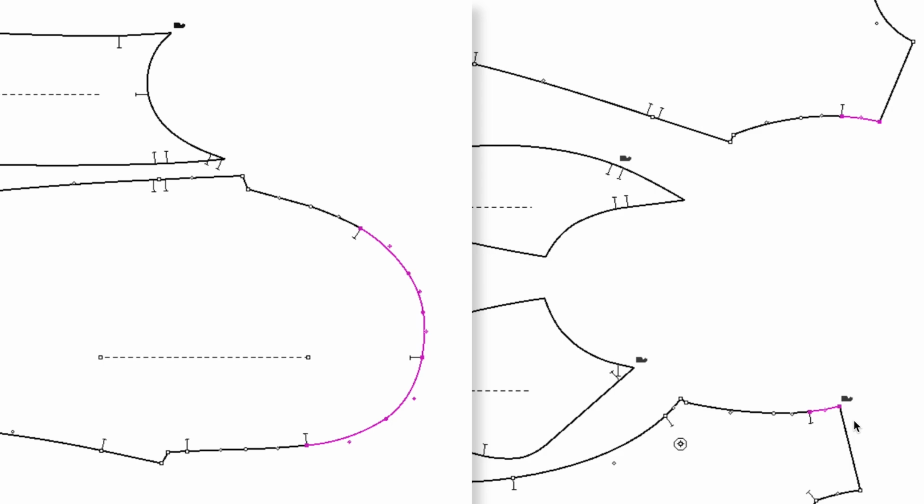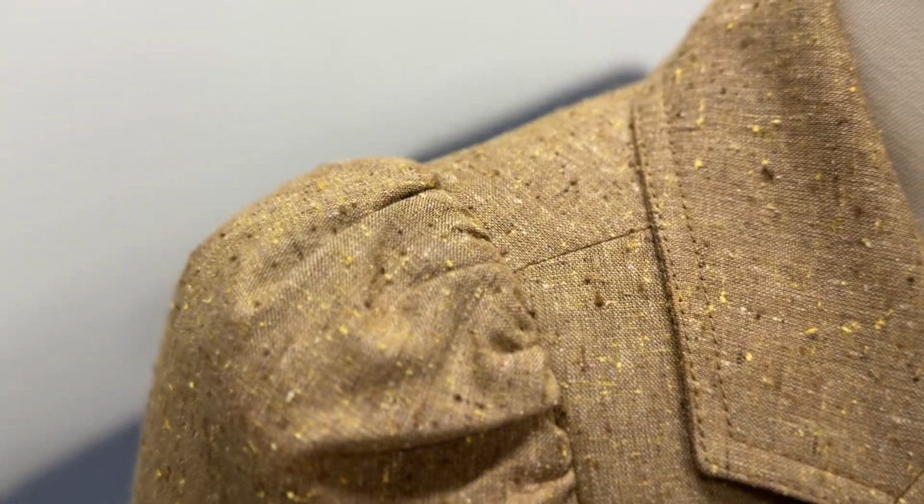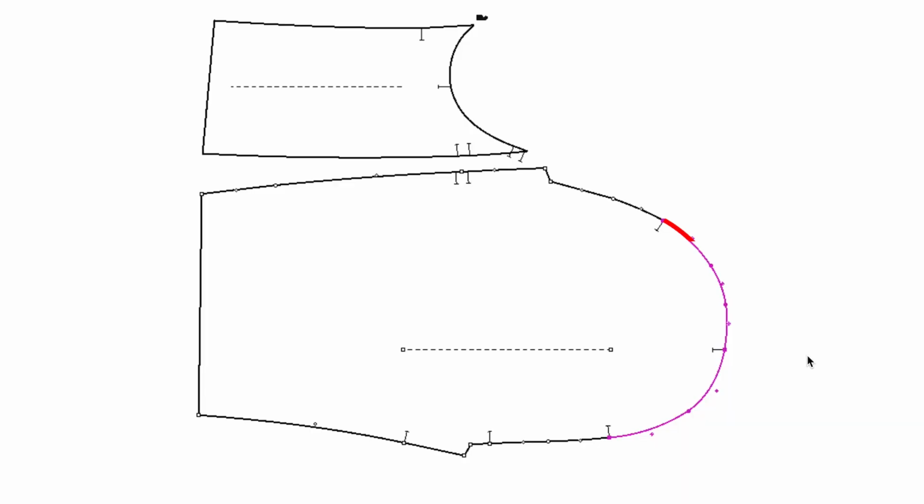If you compare with the sleeve pattern, the sleeve armhole at the sleeve cap is way longer than the body armhole from the shoulder point. So you can tell the sleeve should be gathered to be sewn into this body armhole. So the garment will look like this. So we are going to change this gathering area to be pleated.